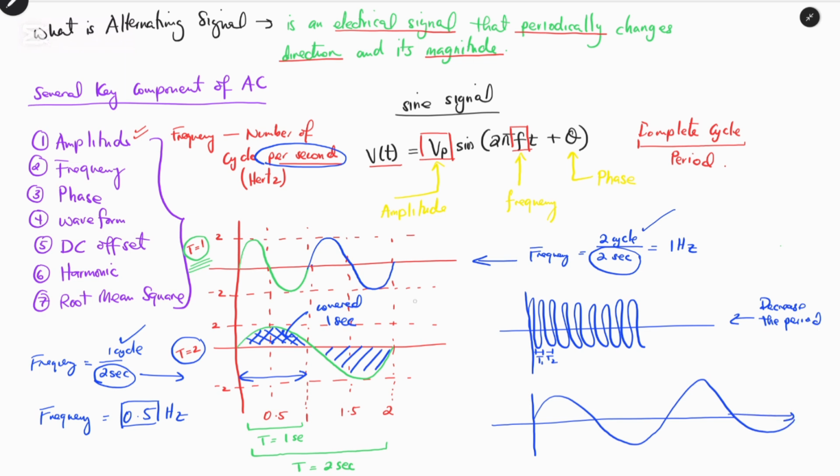If you look at your computer, you might be having the frequency around 2.5 gigahertz. So that is telling you that the computer is operating at a very high frequency. That means if you want to measure such a signal, you might come up with a smaller period for it to take to complete 1 cycle.